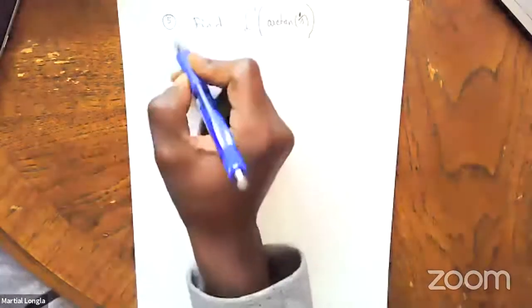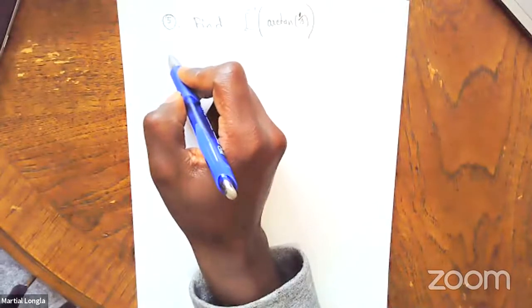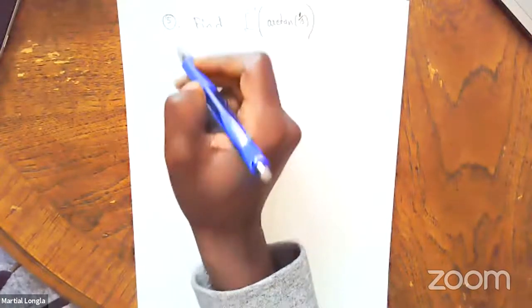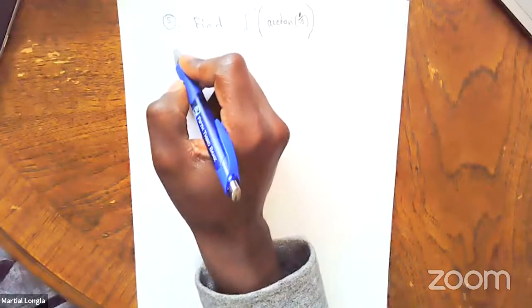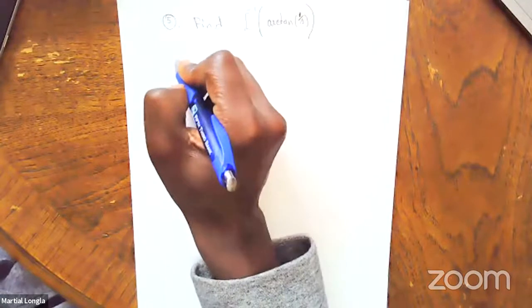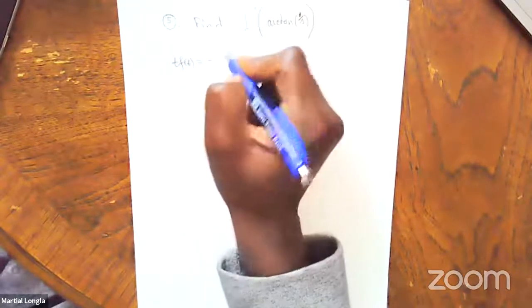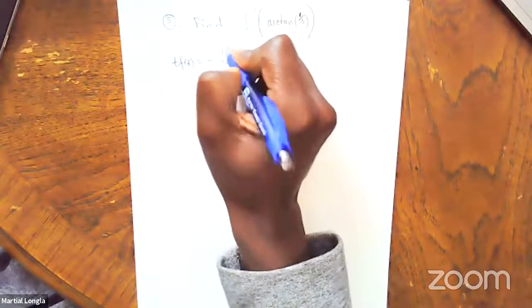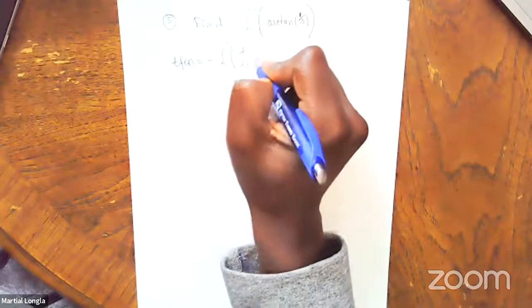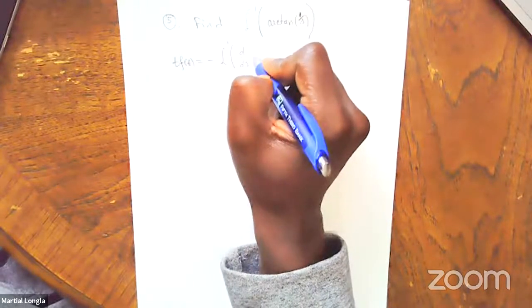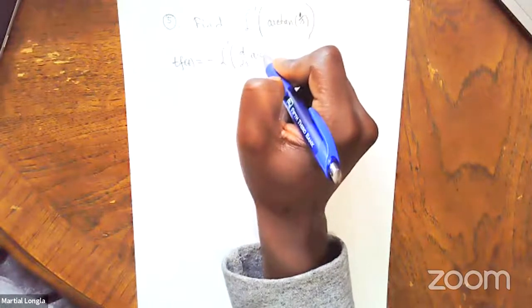You want to try? Tell me. You would start off by saying f of t is equal to negative inverse Laplace transform of d over ds times the Laplace transform of arctan of 1 over s.